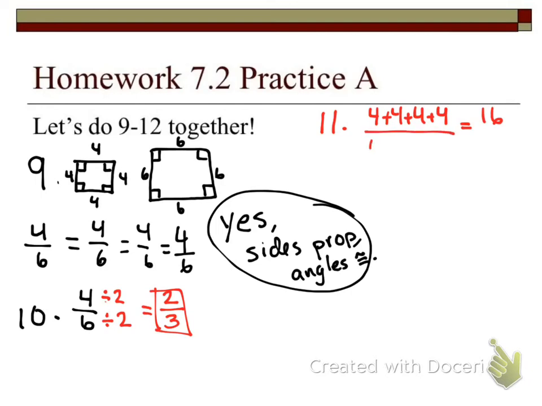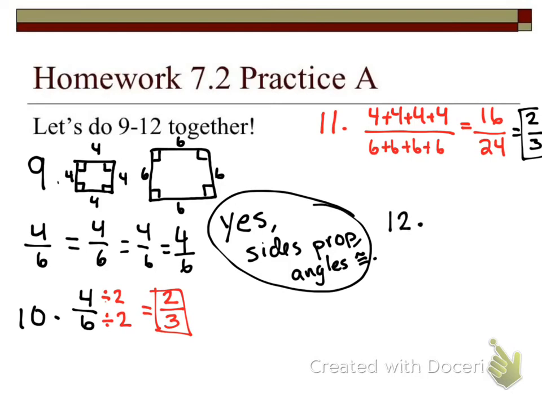The sides of the frame is 6 plus 6 plus 6 plus 6, which would be 24. And then can I reduce that? It's 2 over 3. Yeah, it's going to be 2 over 3 again. The ratio of the perimeters is actually the same as the ratio of the sides, so not too exciting there.